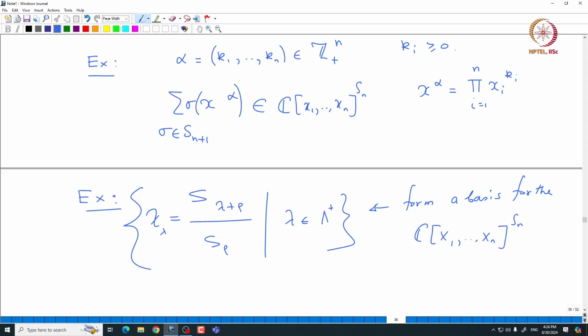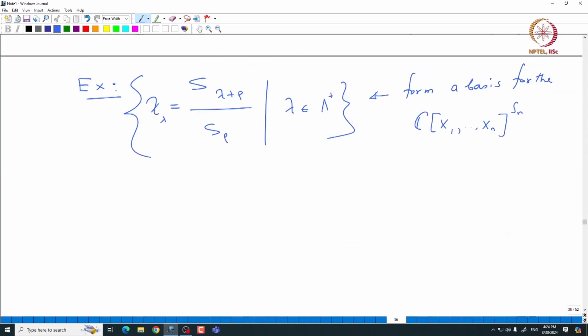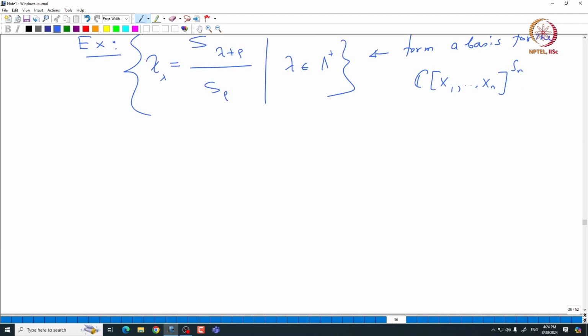So, we almost proved this because we already proved that if you take some f being an antisymmetric polynomial, then you can write that as some symmetric polynomial times S rho. So, the other way is also true: if f is some g times S rho, then g is going to be the sum of this chi lambda. So, that is what we actually proved.